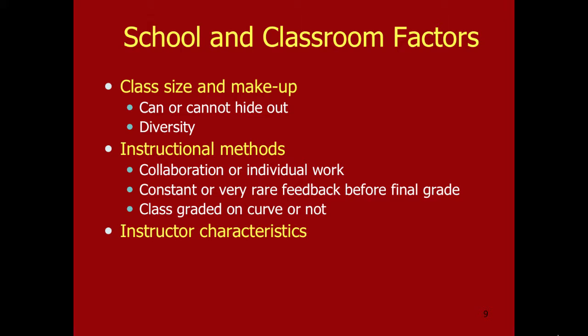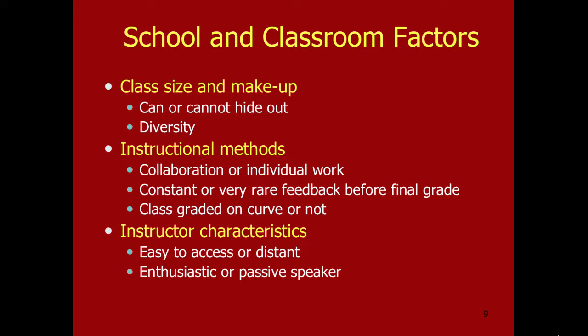Along with instructional methods, our instructors also have characteristics. Some may be very approachable and more friendly. Others may be distant and less approachable. Oftentimes, we're impacted by the level of enthusiasm that our professors have. If a professor is very enthusiastic or excited about the subject they're teaching, this tends to increase our motivation.